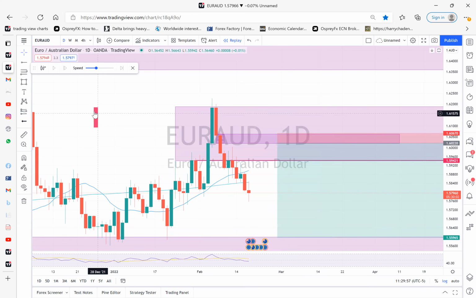Okay, this is a bearish candle, right? I wish I could get these closer together.